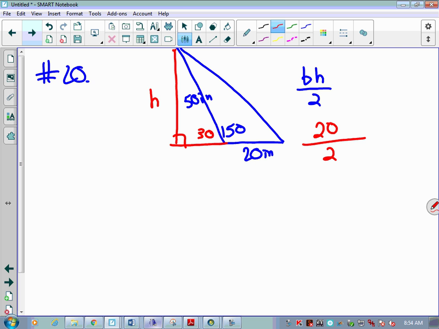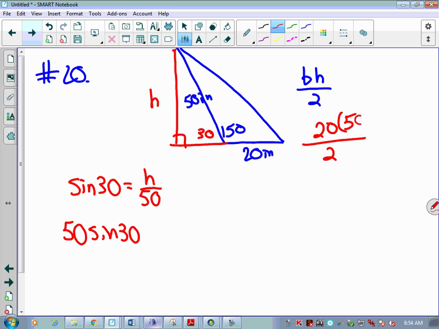Okay, so we want to find height, so we're going to use sine. We're going to use sine 30 equals h over 50. So we're going to use 50 sine 30. If we want to put this in here, we would do 20 times 50 sine 30 divided by 2.